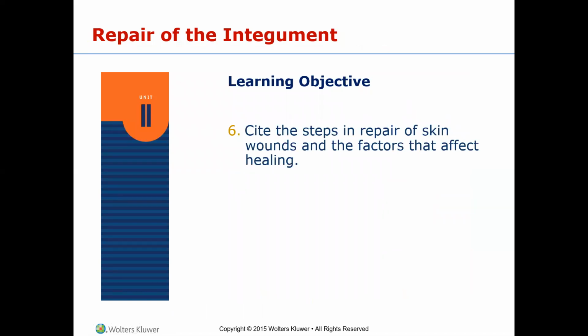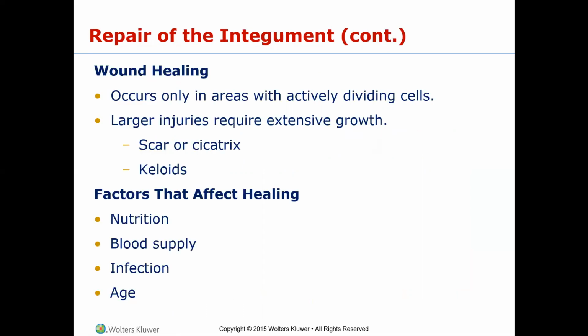Skin, of course, can be wounded, and as a result, we need repair. When we look at wound healing, this is going to occur. The wounds will heal in the areas where we have actively dividing cells. If you have a larger wound, you will have a scar, or what they call a cicatrix.